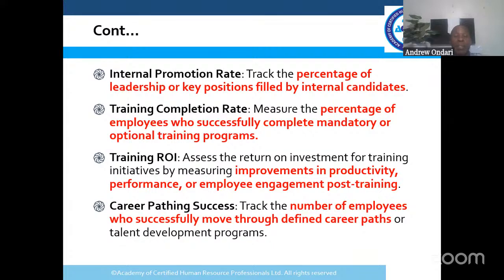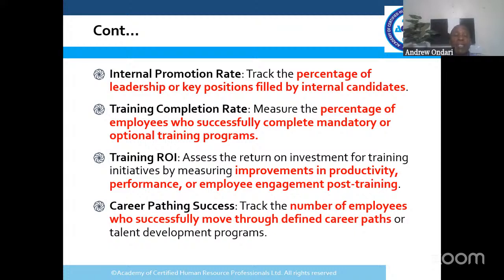So if you don't complete, it means it's you who has lost your money. But from an organizational perspective, we want to ensure that everybody who is approved to go for a training, they complete the training because there is a performance gap that the training will bridge.